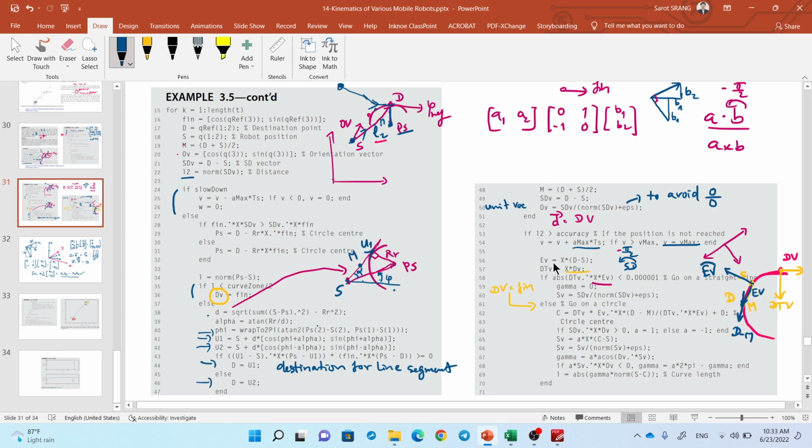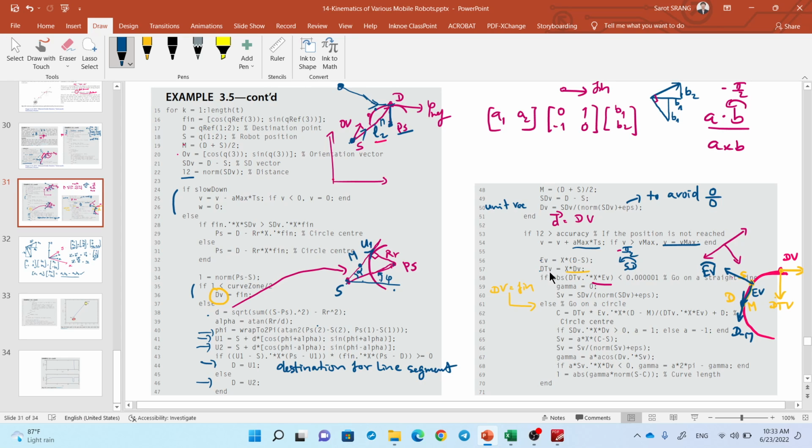And then here EV is a vector from the robot location to the new destination on the circle. Okay, that is EV.